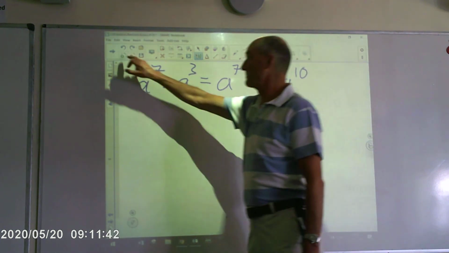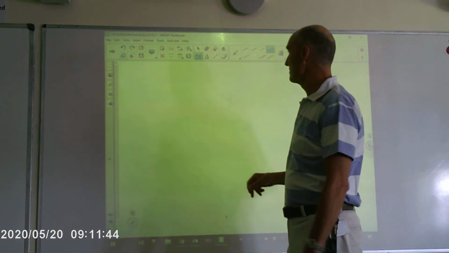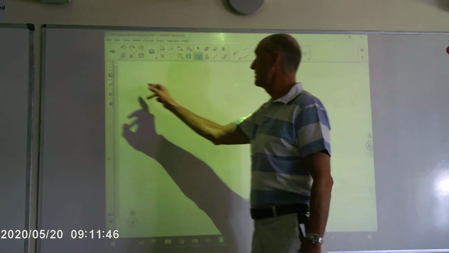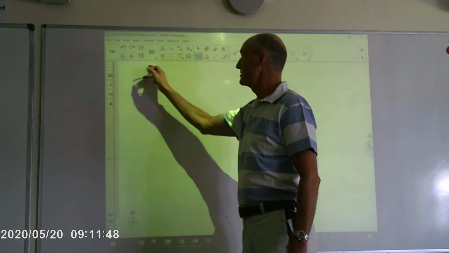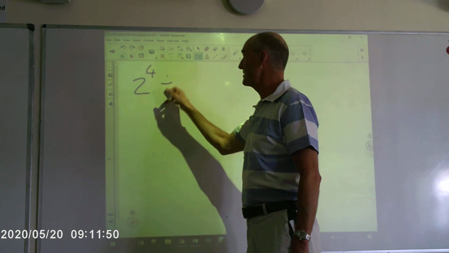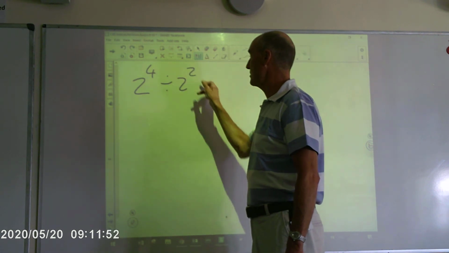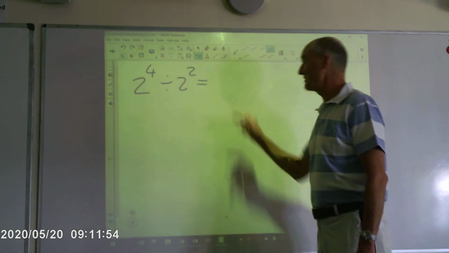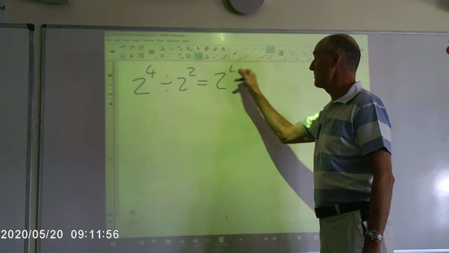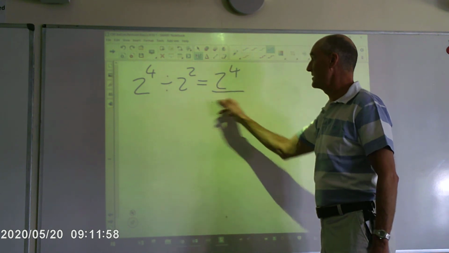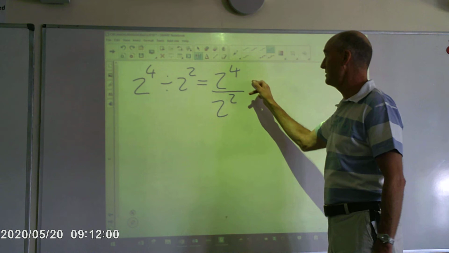Very similarly, if we had 2 to the power of 4 divided by 2 to the power of 2. How could you rewrite that? That's 2 to the power of 4 divided by 2 to the power of 2, 2 squared.